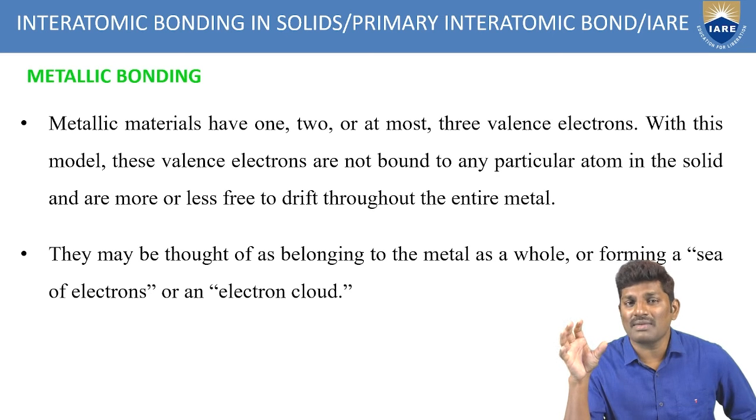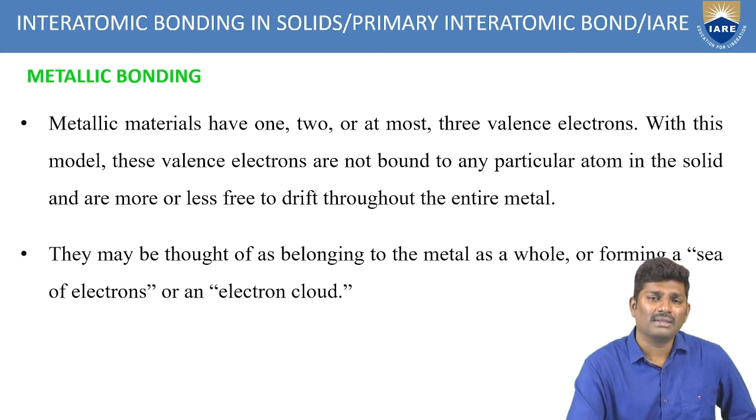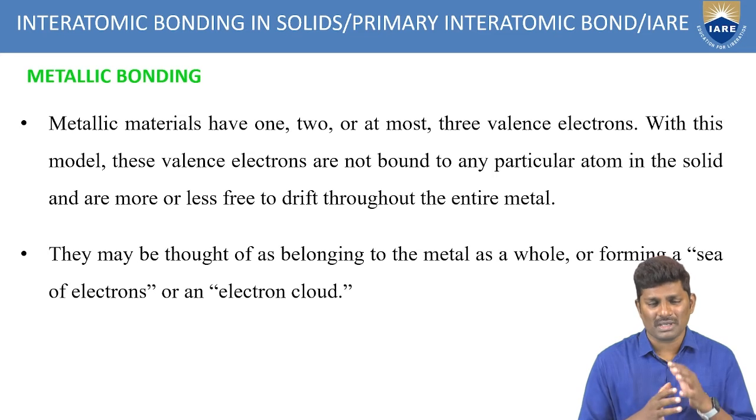Wherever an atom has some gaps, the electrons will flow easily and fill that gap. They may be thought of as belonging to the metal as a whole, forming a sea of electrons. A sea of electrons means a bunch of electrons, or an electron cloud.